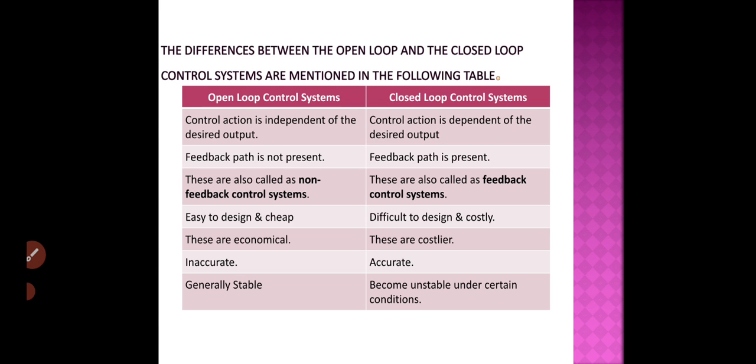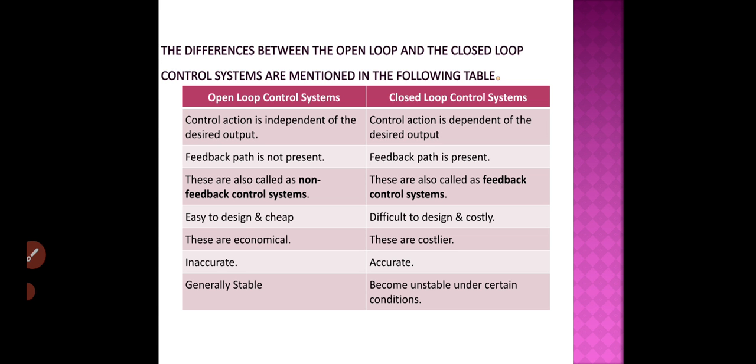Here I will give you in a tabular format the difference between open loop system and closed loop system. In an open loop control system, the control action is independent of the desired output. But in case of a closed loop control system, the control action is dependent on the desired output.